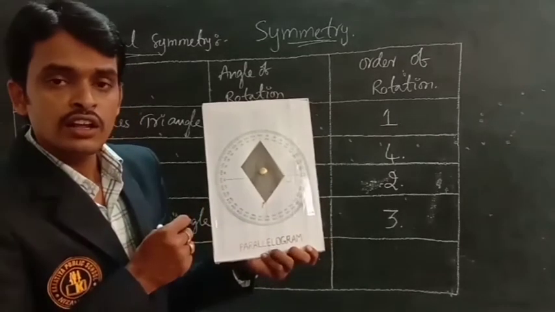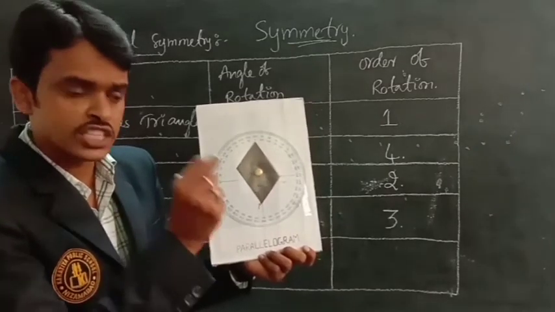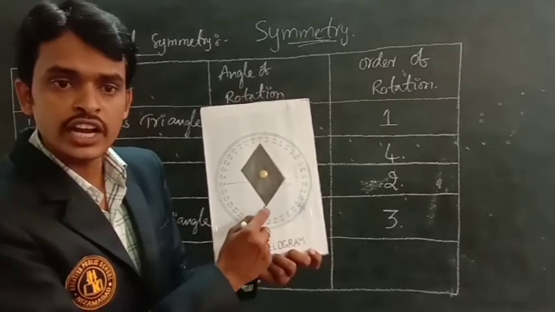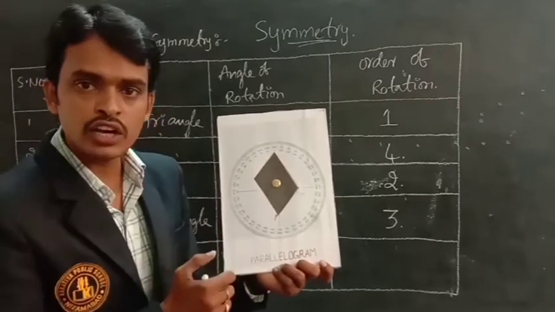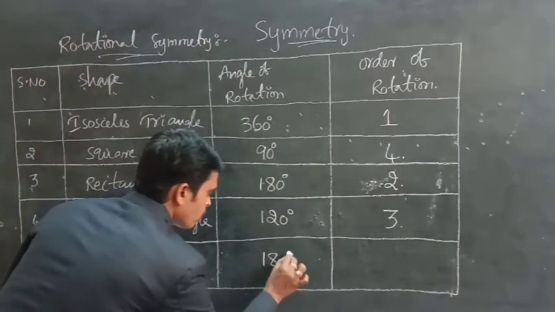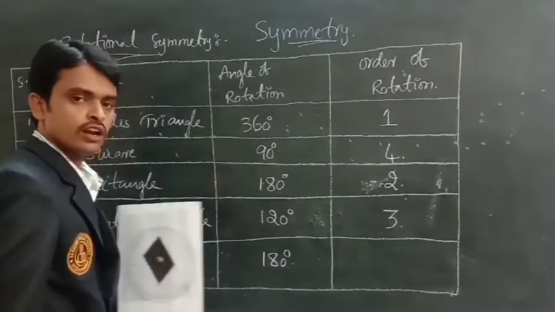At which angle does the parallelogram coincide with itself? At 180 degrees. At 180 degrees it coincides with itself. Then the angle of rotation of parallelogram is 180 degrees.